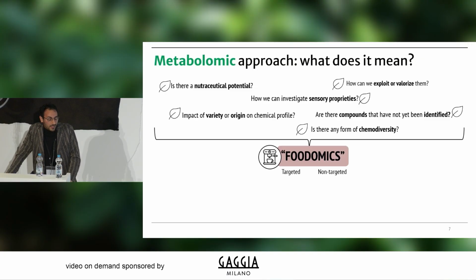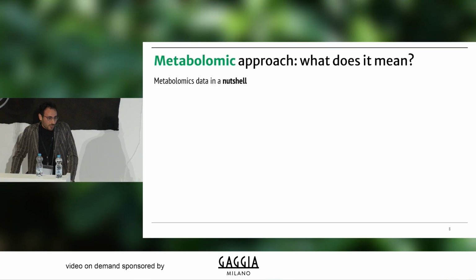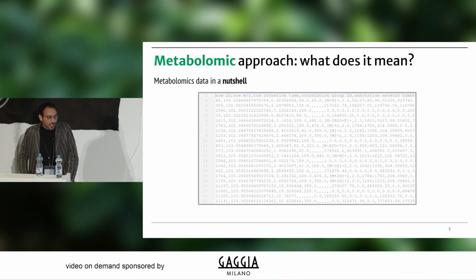Foodomics, with targeted and non-targeted approaches, provides us not coffee, of course, but data. But data are as useful as coffee, because coffee boosts our activity every day. They give us energy, and data give us much power to understand and answer those questions that I showed you before.